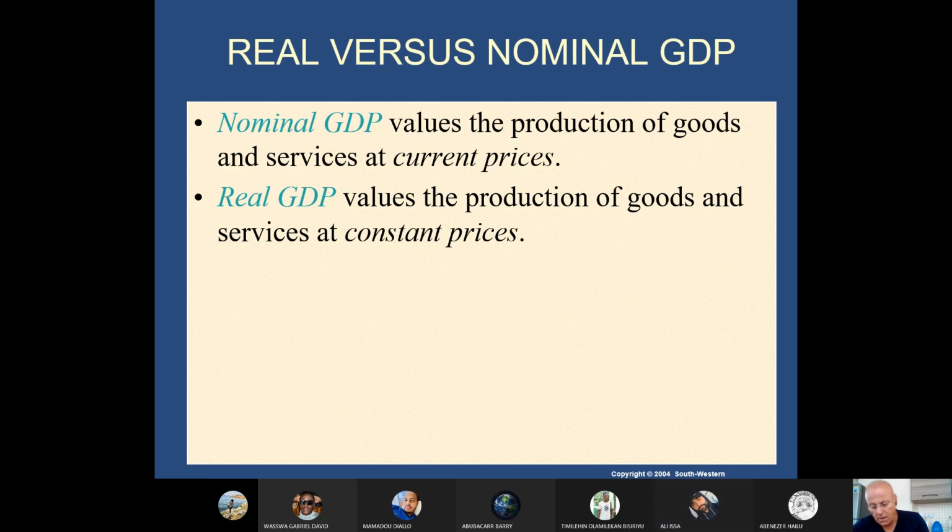If you are looking at these differences, you will understand how your income is progressing or decreasing. Your purchasing power is decreasing, isn't it? Because two years ago you were getting 1,000 units of bread and now you are getting 500 units of bread.